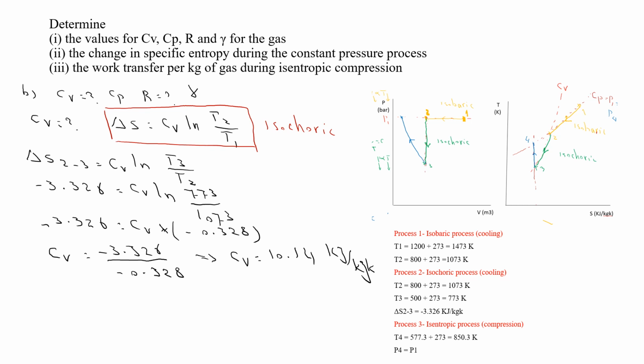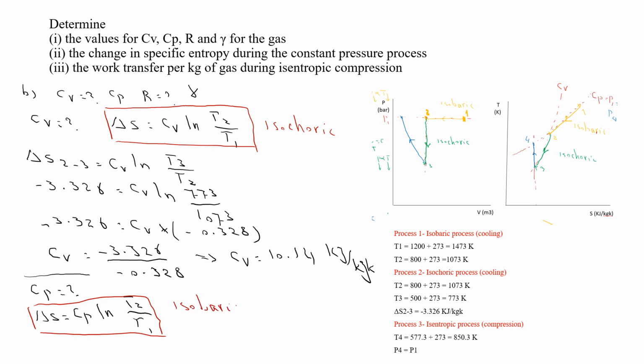So now for Cp, for getting the Cp, we need to find out the isobaric process. So we know that the general formula for isobaric process is delta S is equal to Cp natural log of T2 over T1. So you need to remember this formula, and this is for any isobaric process.